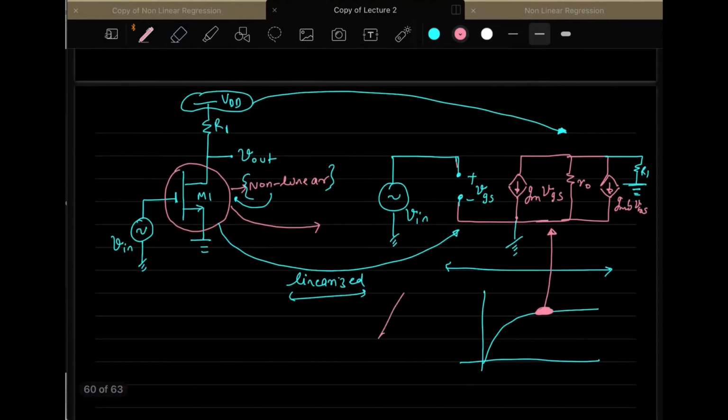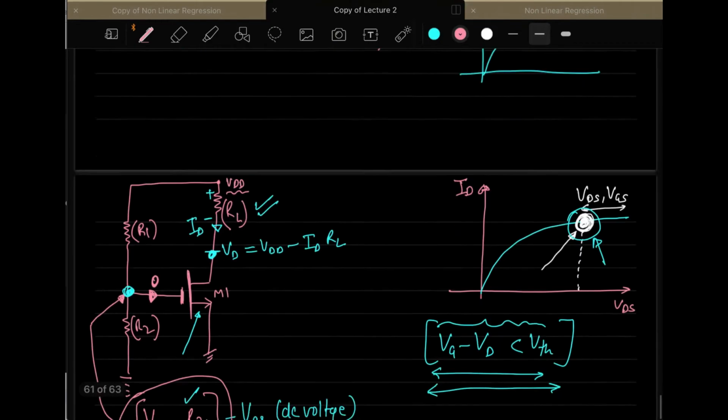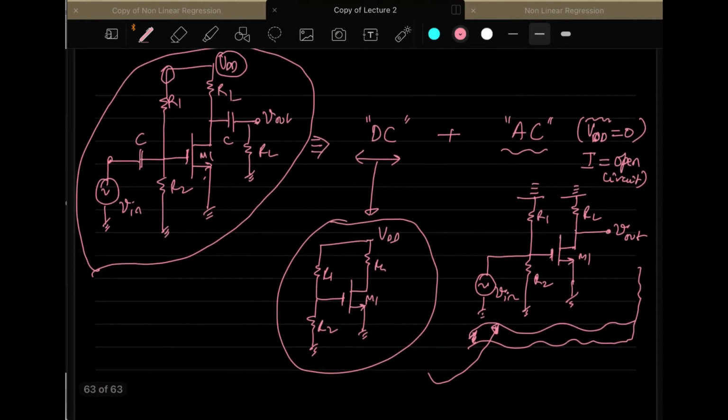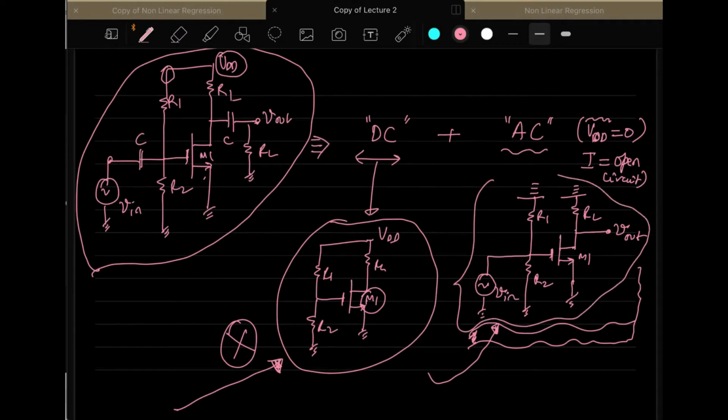So we assume that in all the analysis that we are doing today in this class, the MOSFETs M1 will be in saturation. So I am not doing any DC analysis. I am doing AC analysis only, assuming that all the transistors are properly biased in saturation. That is my assumption.